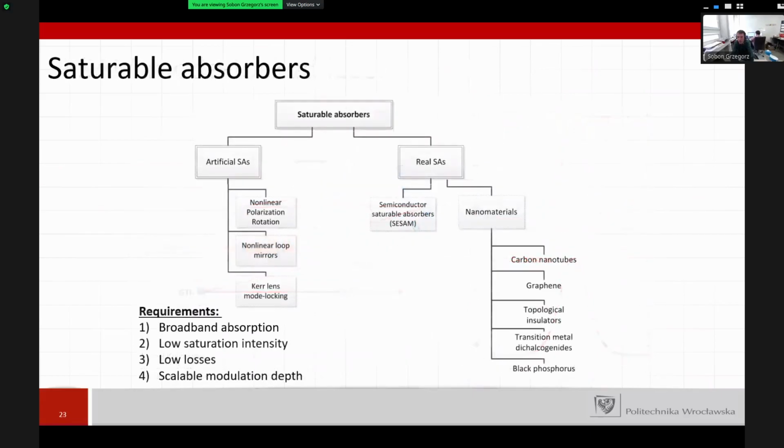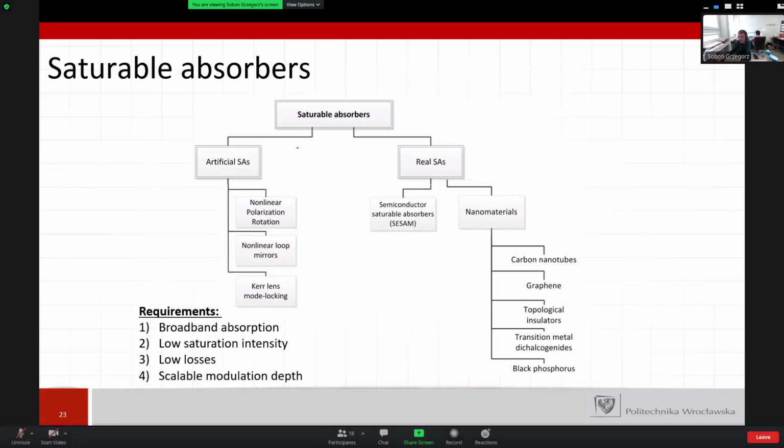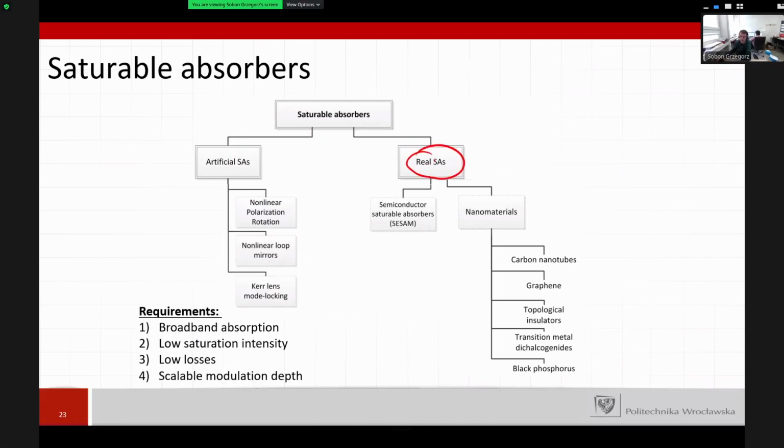So there are many types of saturable absorbers. I will not go into the details here, but we generally distinguish two main types of these absorbers. The first is called real saturable absorbers. These are materials or physical components that have the property of saturable absorption, so this nonlinear behavior of the transmittance or absorbance versus the power, right?